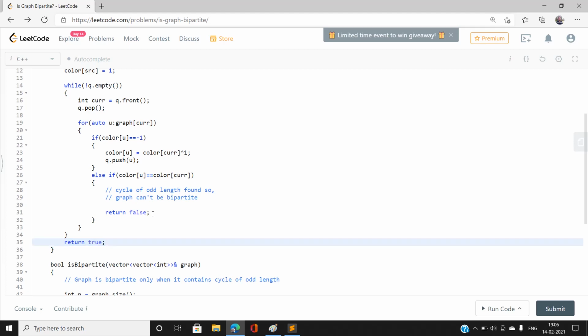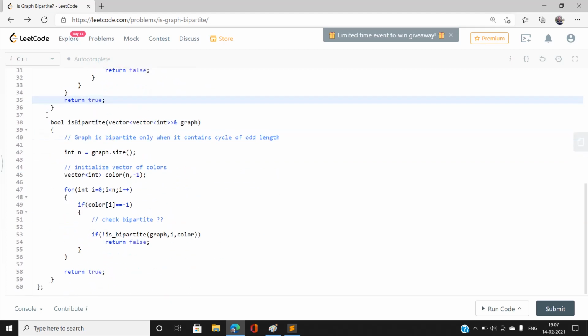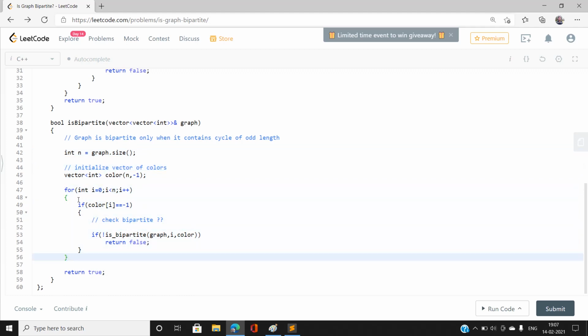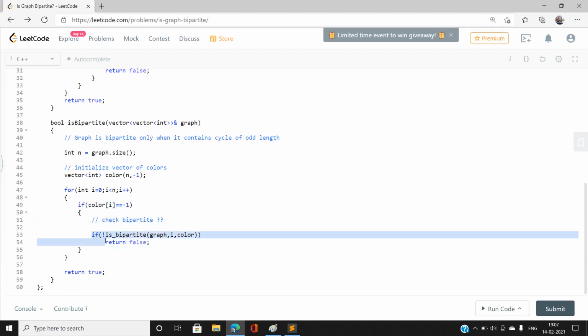Now here is our actual function. Here n is going to denote the graph size, and I have taken a color vector. Now I am going to check, for each connected component, if it is not visited yet, that is, not colored yet, and I am going to call the function for that connected component.